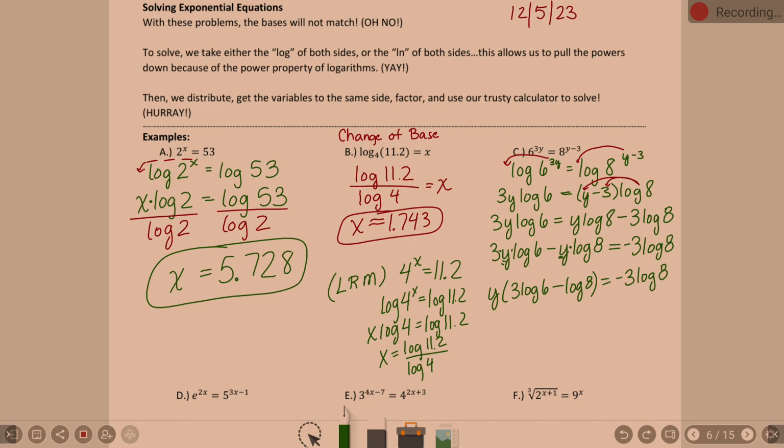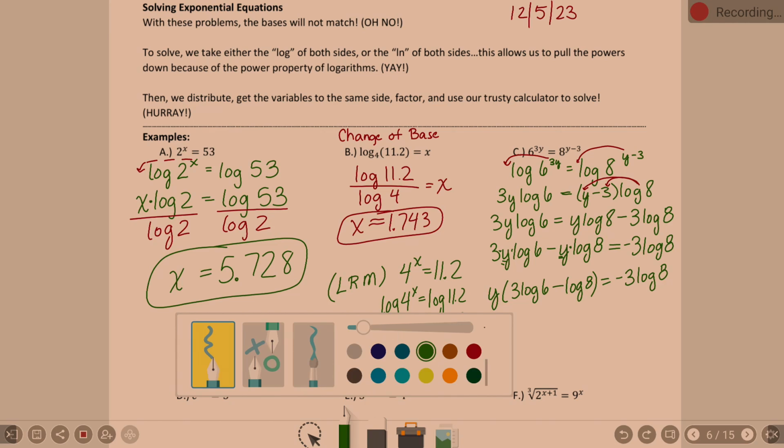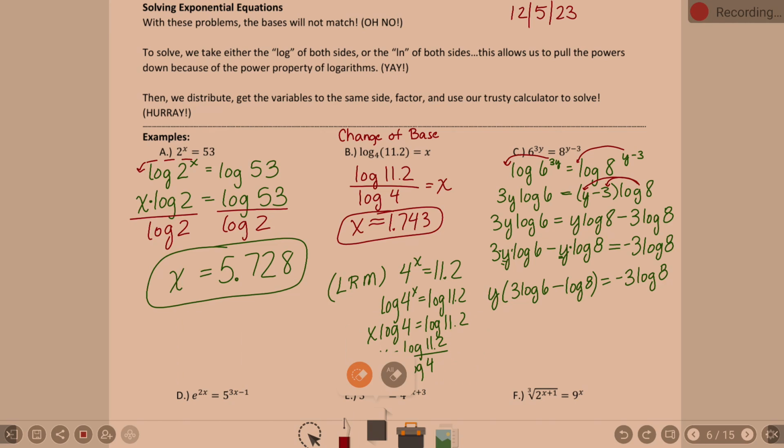I don't know if you see it or not, but one more step and we're there. Would it be 6 cubed? You could, but you don't have to. Would you write it as 3 log 6 over log 8, like divide them? You could, but you don't have to.